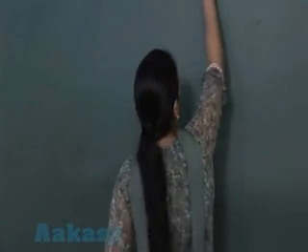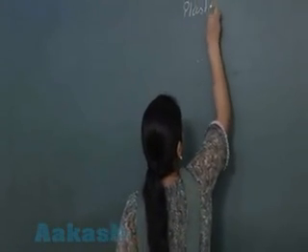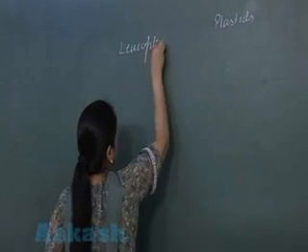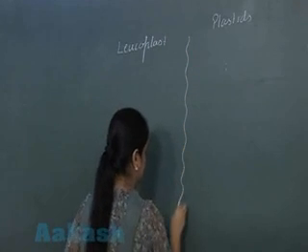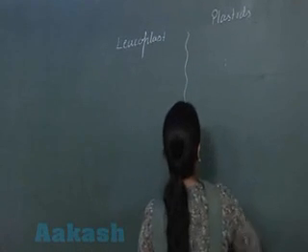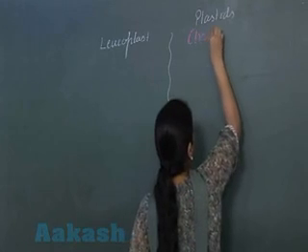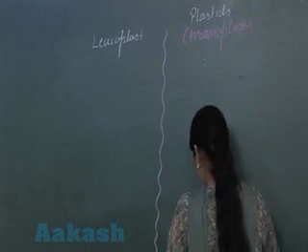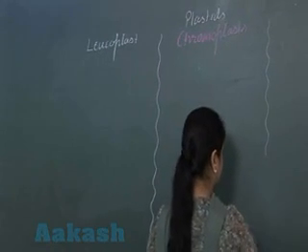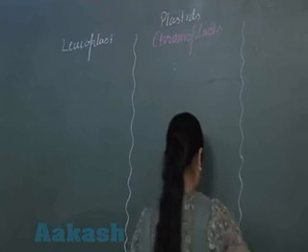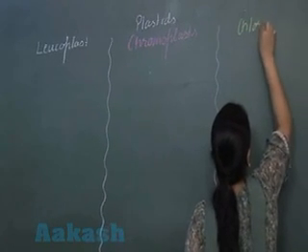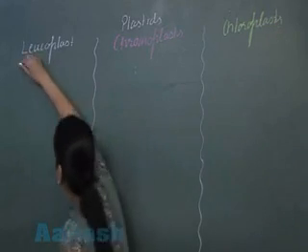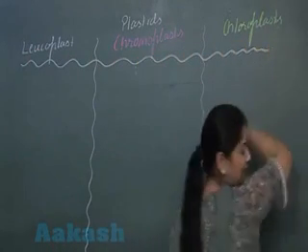So the three types of plastids are leucoplast, chromoplast, and chloroplast. So we can differentiate between these three types of plastids.